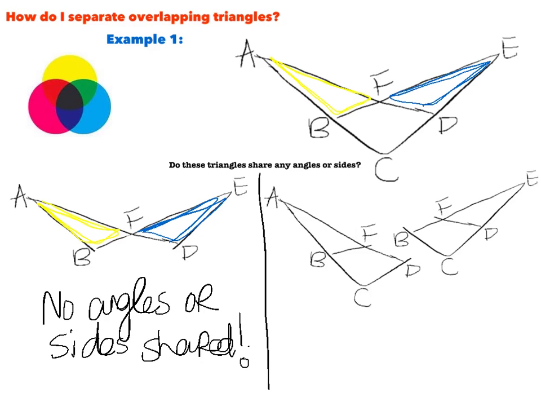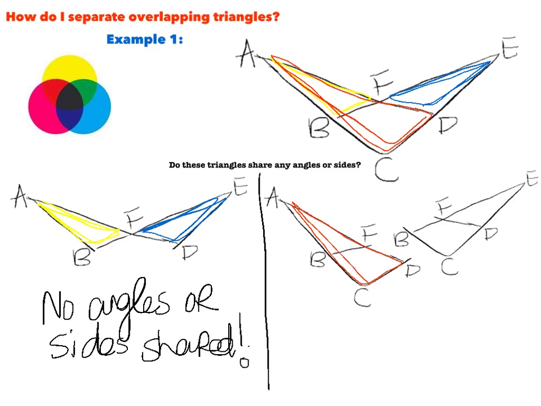Let's do an analysis of the next 2 triangles. Now I'm going to choose red. This is triangle ACD. ACD. And then I'm going to choose, let's see, orange, or maybe light blue.